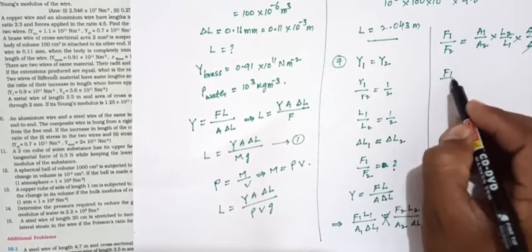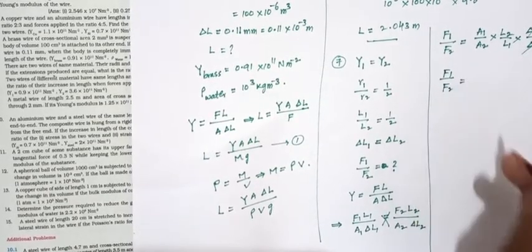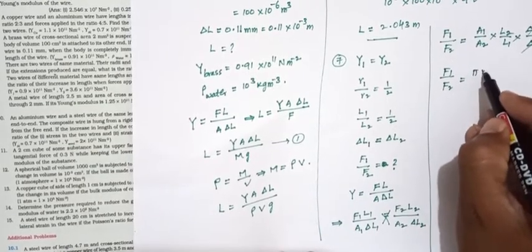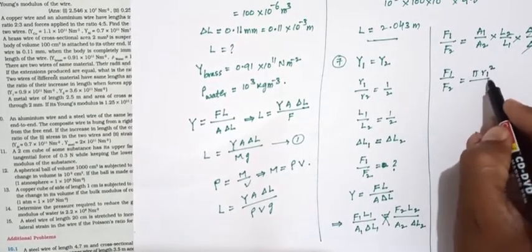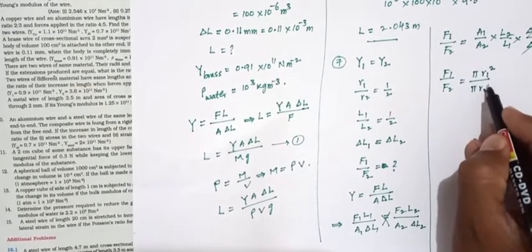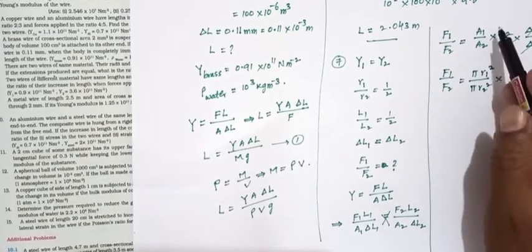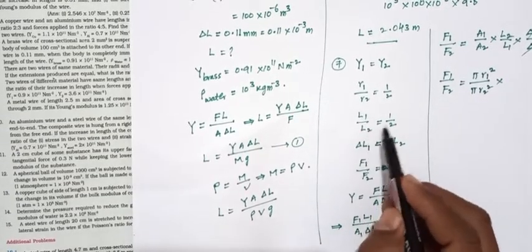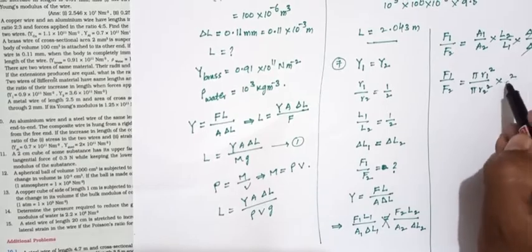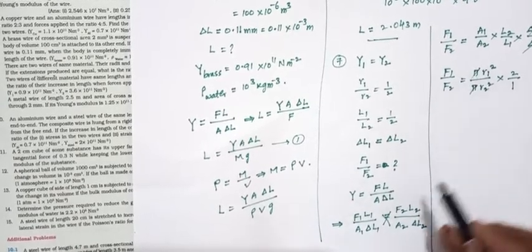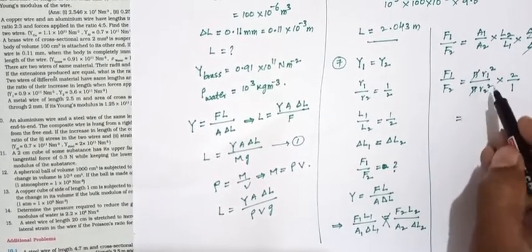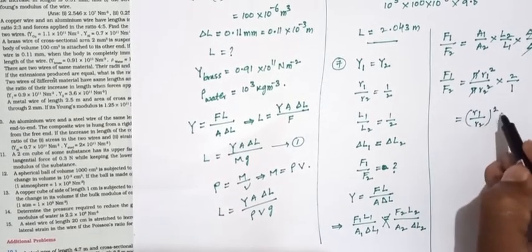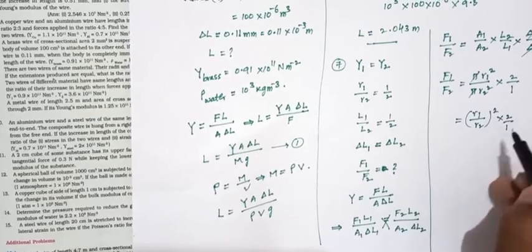So here F1 by F2 equals, what is the area? Pi R1 square divided by pi R2 square into L2 by L1. L1 by L2 equals 1/2, so L2 by L1 is 2/1. Pi gets cancelled, that equals R1 by R2 whole square into 2/1.